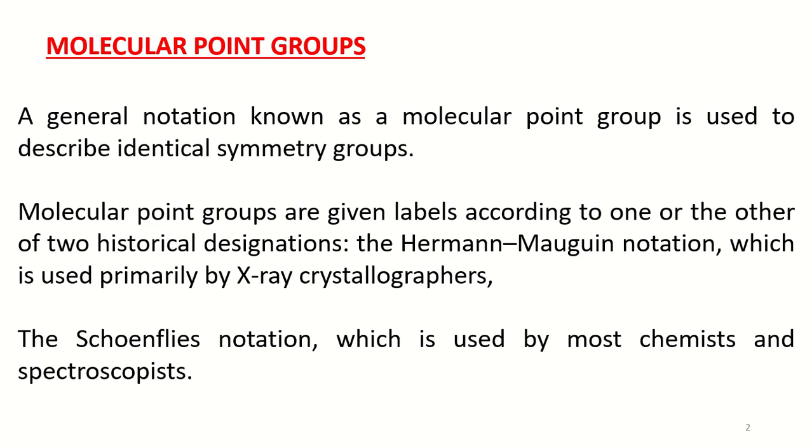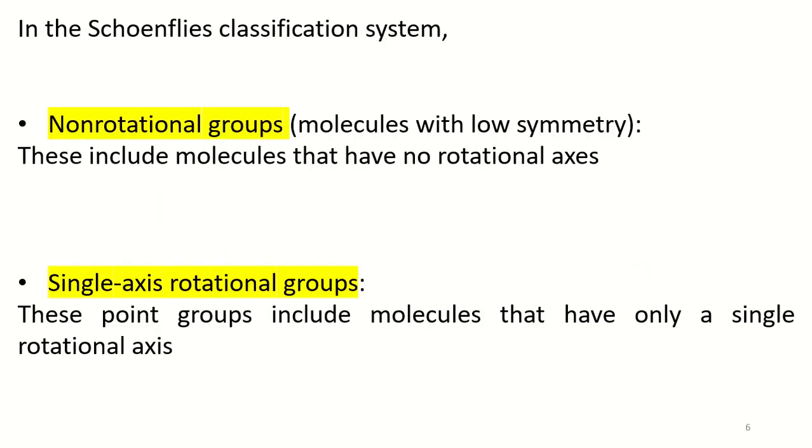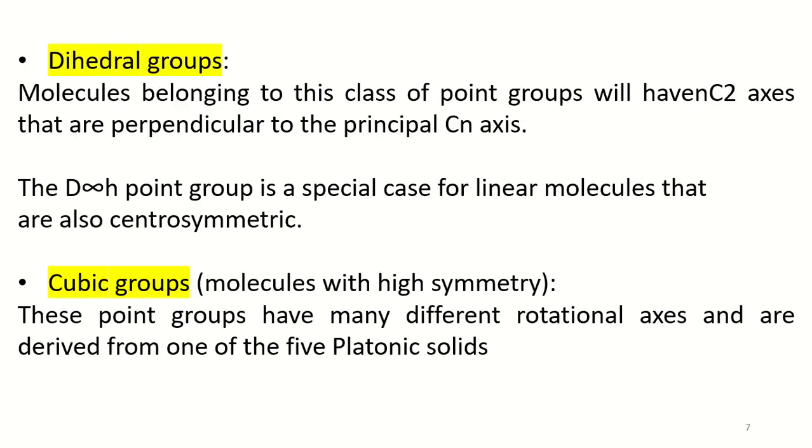In the last lectures we discussed some of the important points about the molecular point group, and we also discussed a chart diagram for the determination of molecular point groups. We also discussed the Schoenflies classification system to find the different point groups of molecules: the non-rotational groups, which are the low symmetry molecules, the single axis rotational groups, the third one was the dihedral groups, while the last one is the cubic groups.